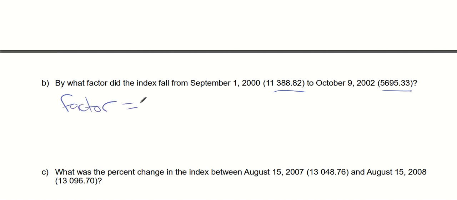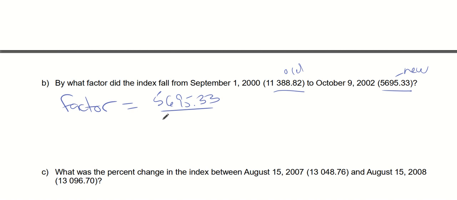What is the factor? So it goes from here to here, and it's actually falling. Again, this is the new, and that's the old. So the new, we put on top, which is 5695.33.